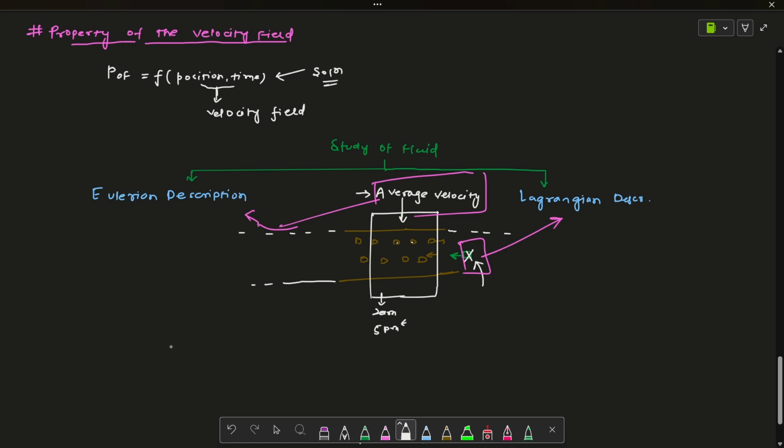Okay, so for example, let's say some fluid is flowing here. And say one bridge is there, and the Eulerian is standing here.